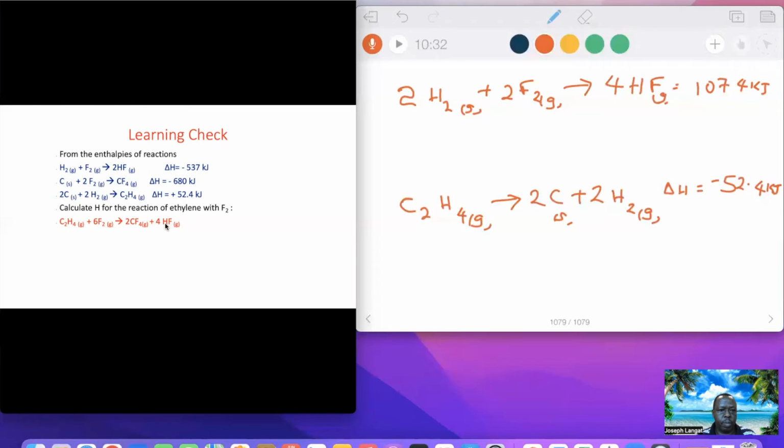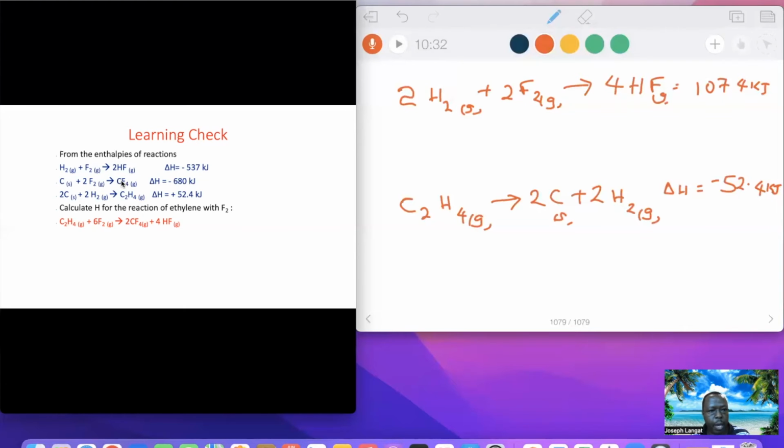Overall, multiplying by that. If you look at CF4 here, it is in equation 2, nowhere else, and it's on the product side, so we don't need to flip the equation. However, there is a coefficient of 2 in front of it, which means we multiply that by 2 across.